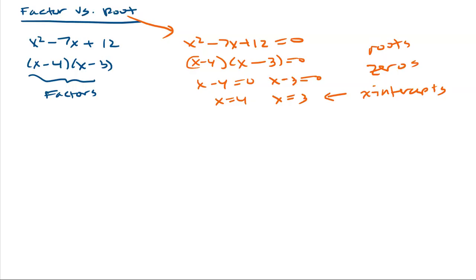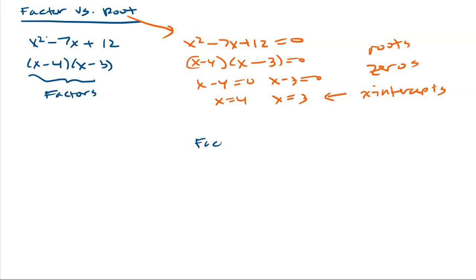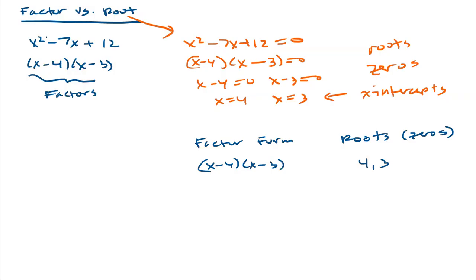Just to make sure we understand this: factor form, and then roots, or zeros. If I have, again, x minus 4 and x minus 3, when I solve for x, the roots are going to be 4 and 3.